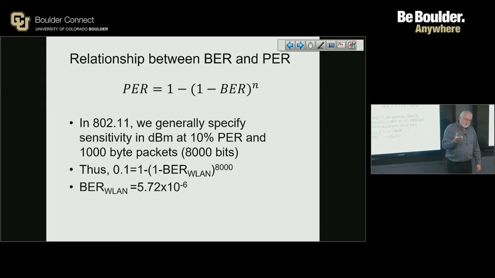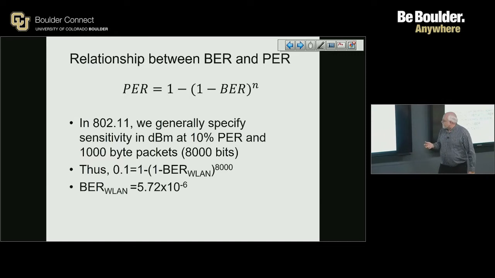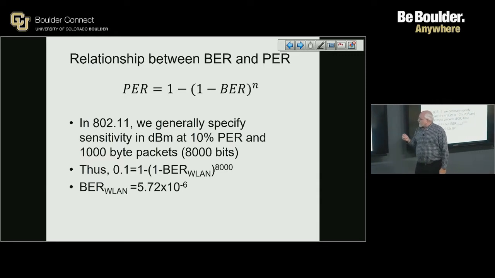The specification says, for example, that for the lowest data rate, modulation encoding scheme 0, MCS 0, you have to provide a sensitivity of minus 82 dBm to achieve 10% packet error rate with 1,000 byte packets.